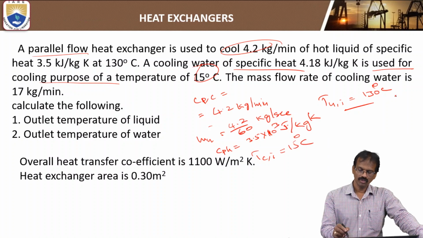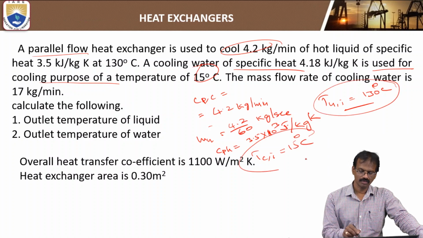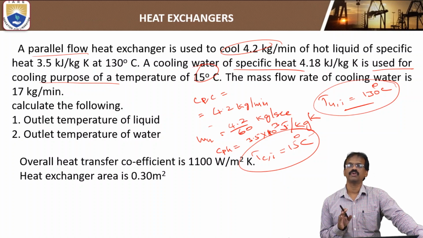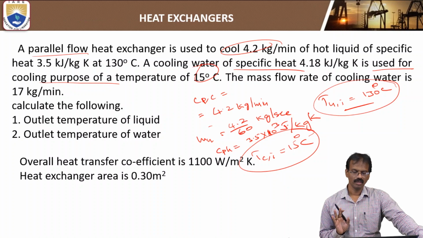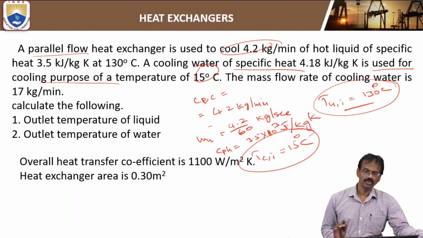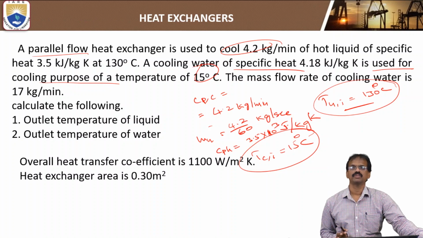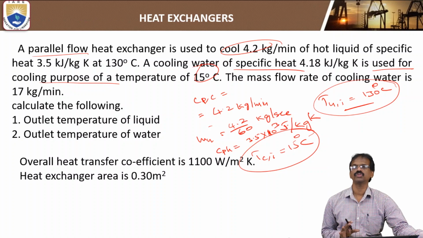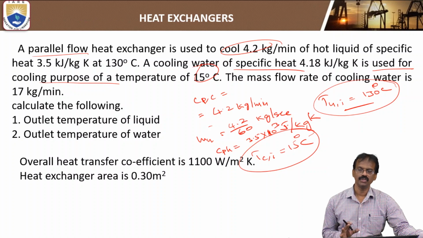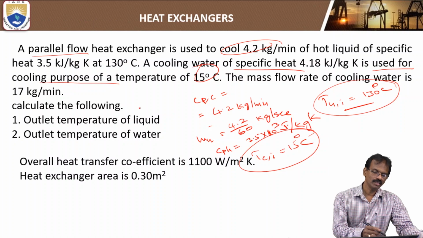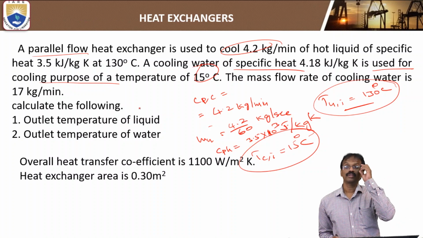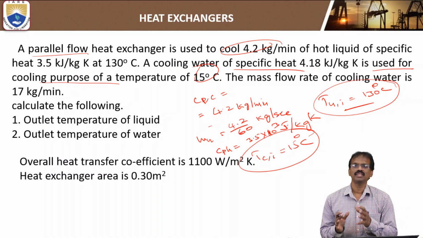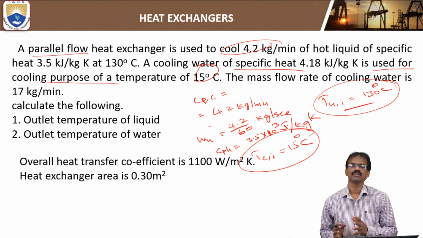Here we know only two temperatures: only the inlet temperatures of the hot fluid and cold fluid have been given. So we don't know the outlet temperatures. In this case, we have to use the NTU method instead of LMTD. For solving a numerical based on the LMTD, we require 4 temperatures: hot fluid inlet and outlet, cold fluid inlet and outlet.